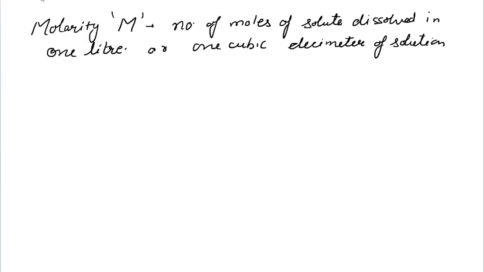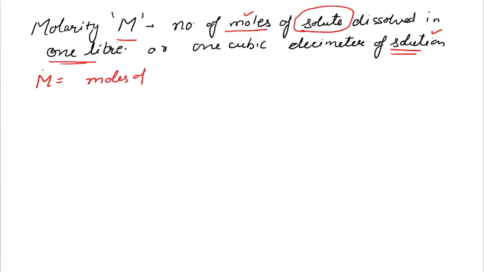So this is the main point in molarity: the moles we consider are of the solute, and the volume we take is for the solution. Now we write the formula: capital M equals moles of solute upon volume of solution.